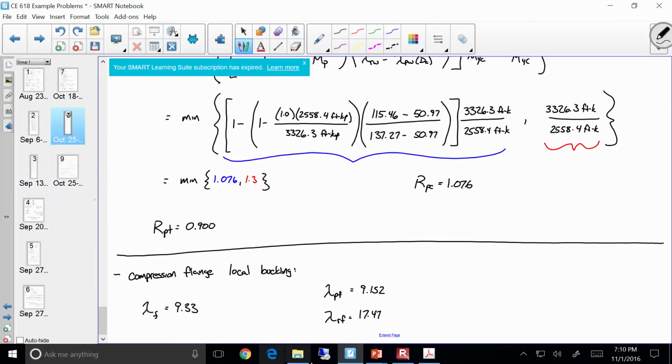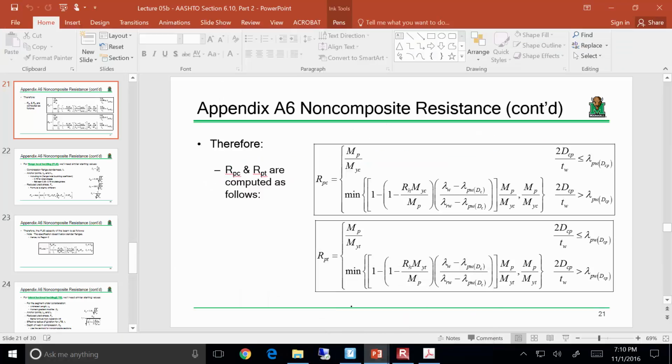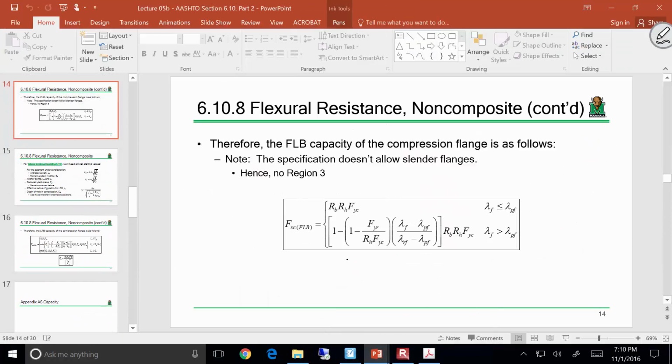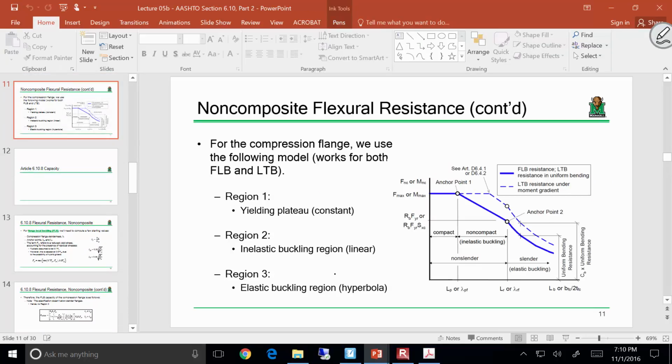Okay. I'm going to go back to the PowerPoint. I'm going to refer to this image quite a bit. So what we're looking at is the capacity, okay? Now, this value right here, that's lambda sub PF, right? Lambda sub PF was what, 9.17, something like that?